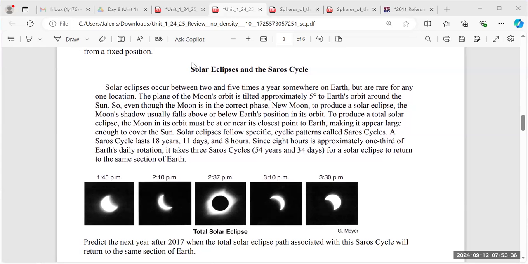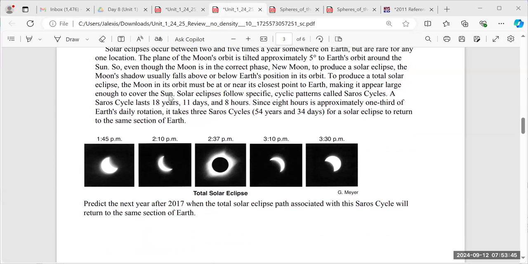So during this time, you would have already read the passage about solar eclipse and the Saros cycle. So the question says, predict the next year after 2017, when the total solar eclipse path associated with this Saros cycle will return to the same section on Earth.